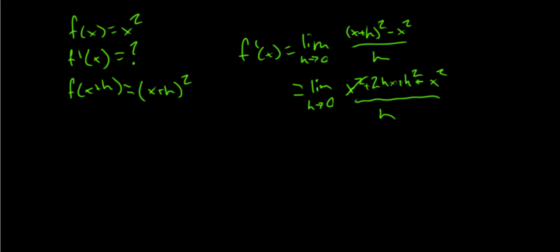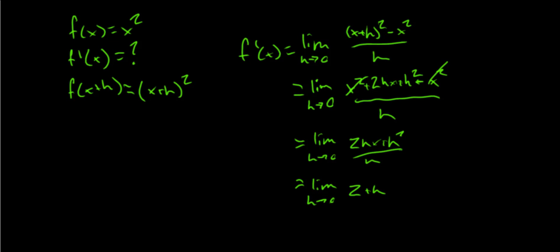So x squared minus x squared, those will cancel each other out, and we'll be left with the limit as h approaches 0 of 2hx plus h squared over h. And now we can divide the terms in our numerator by h. So we have the limit as h approaches 0 of 2x plus h, since 2hx divided by h is just 2x.